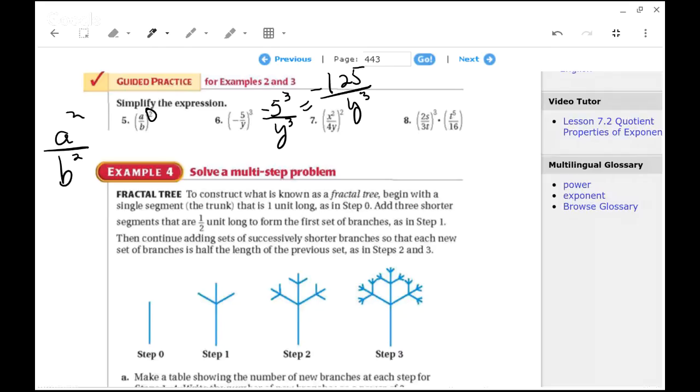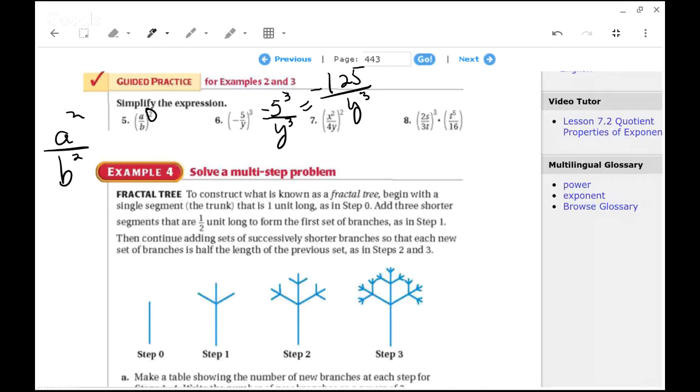Like with 2, we'll take 2 all the way up to 7 or 8. 2 to the 8th power is 256. Take 2 pretty far up, take 3 to about 5 or 6.